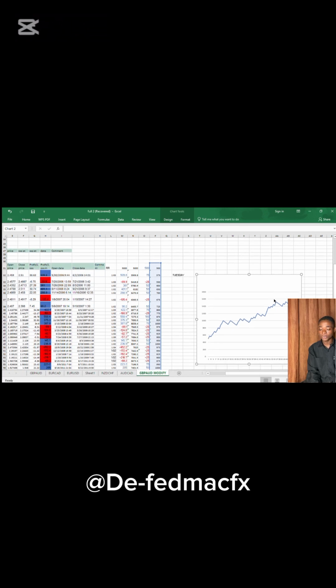There is a peak of the equity curve before it starts going down in the negative direction. So first of all, in a clear view, the equity curve is moving in a positive direction, which is a very, very important point you have to note. When you are testing your strategy, you have to note the direction of the equity curve, whether it's going positive or negative. Aside from that, we are looking at the drawdown.